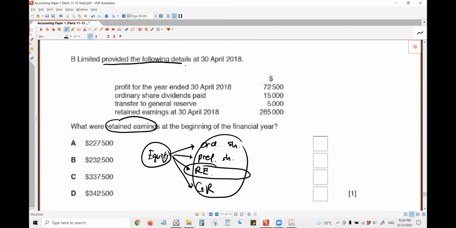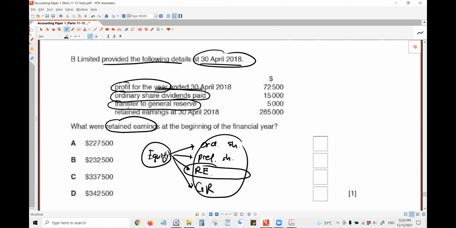Provided the following info at the year end: profit for the year, ordinary share dividend paid, transfer to general reserve, retained earnings at the year end.